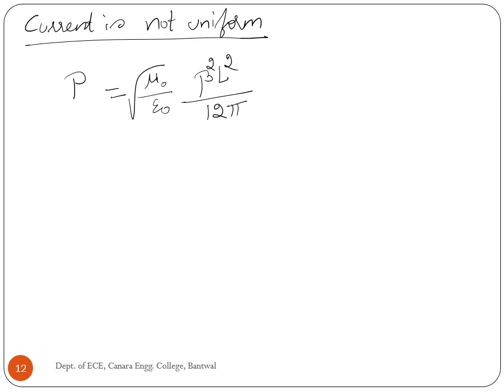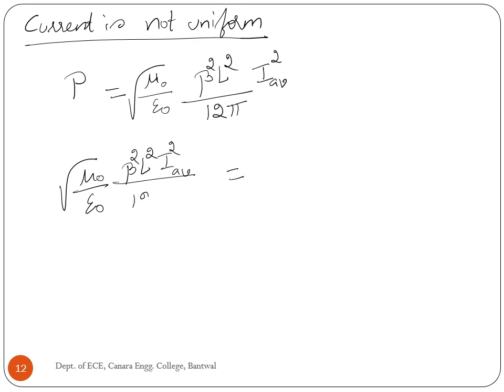When the current is not uniform on the dipole, then we consider the amplitude of the average current on the dipole. Then the radiated power must be equal to the square of the RMS current into radiation resistance.